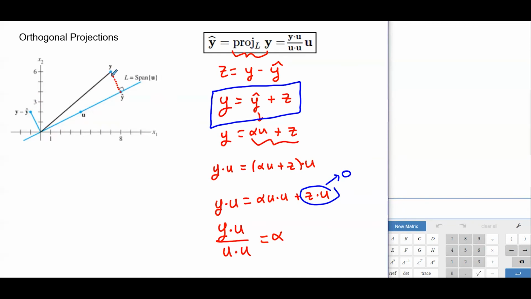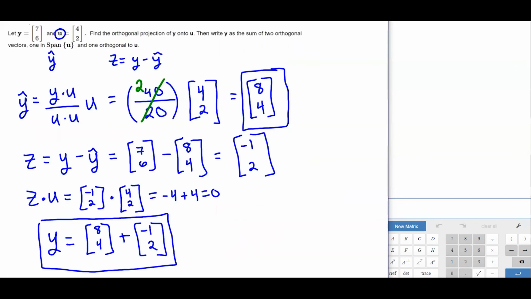If we just look at this, we can see that's going to be exactly the same as the magnitude of z. So we've got to find the projection, then find z with that projection, and then find the magnitude of z, and we'll know how far y is from the line.